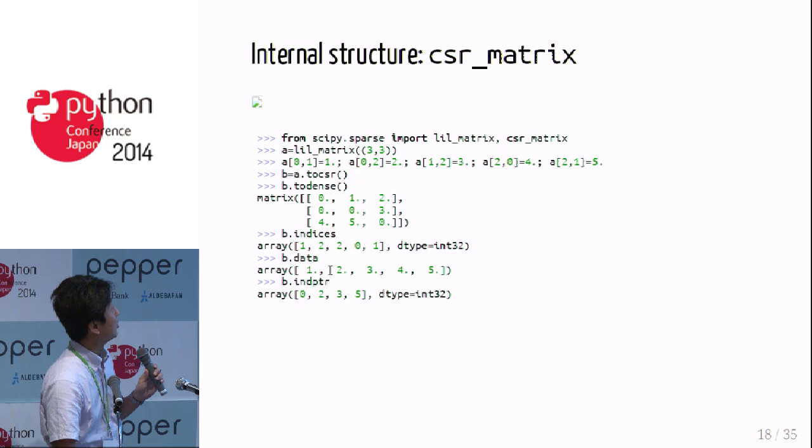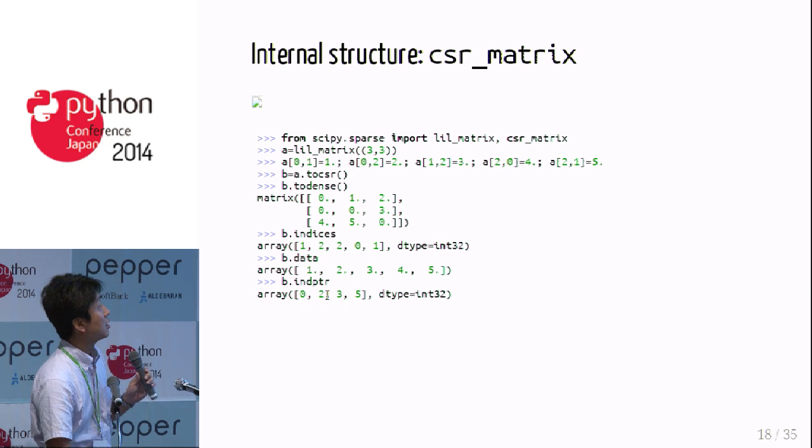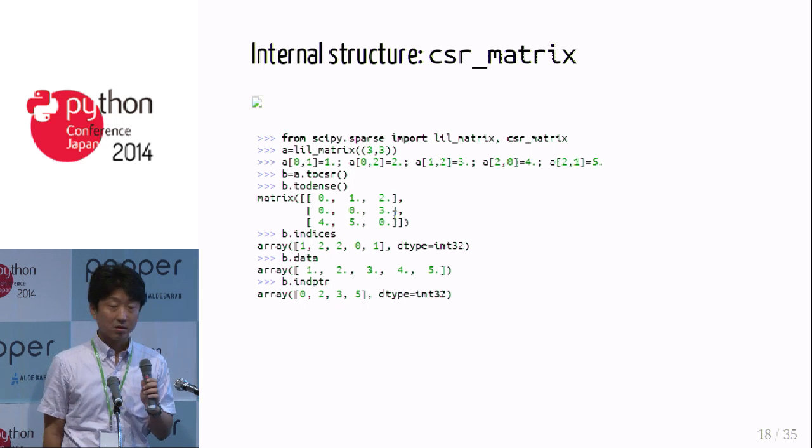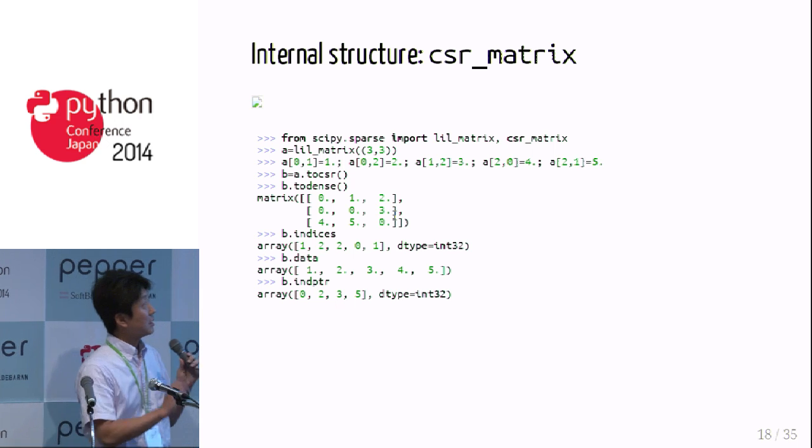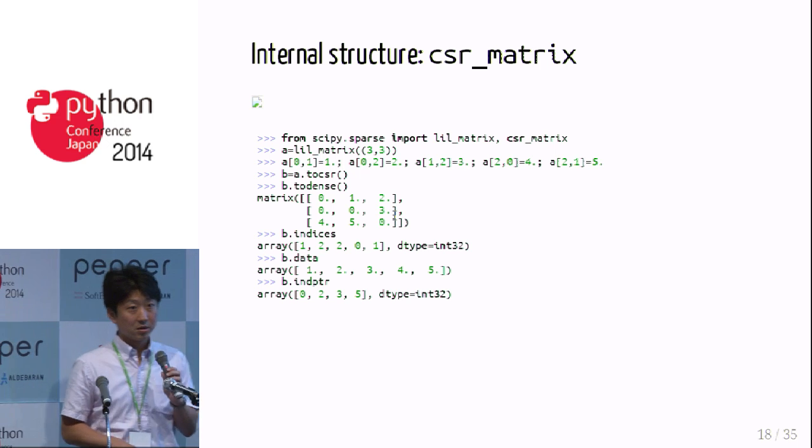I mean, this means the first two elements belong to the first row. Index 2 to 2 belongs to the second row. It means only one element belongs to the second row, and so on. This is the internal structure of CSR matrix.